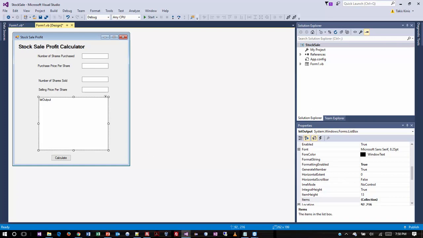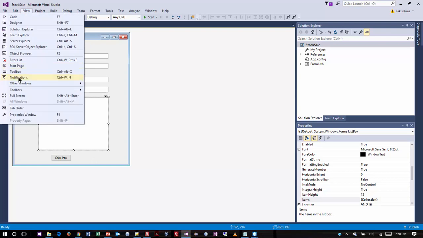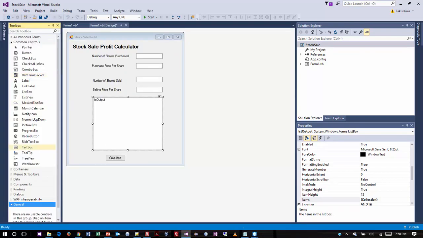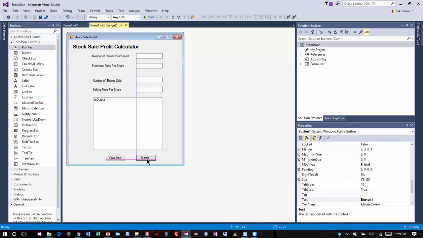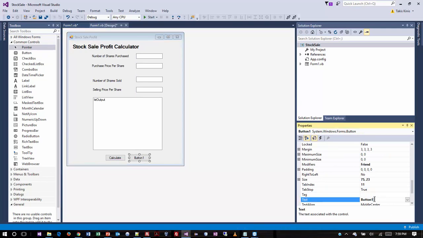But then let's do one more thing. I'm going to bring my toolbox back up on the screen. I am going to add one more button and put it next to calculate, except over a little bit. I'm going to change the text to say exit.